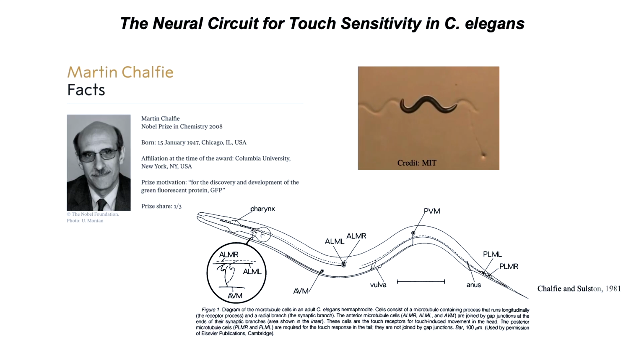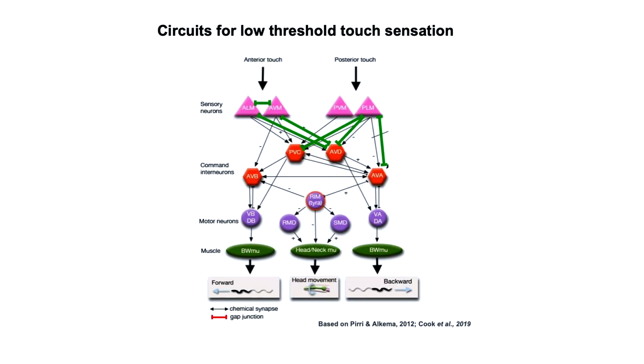But apart from that GFP contribution, he is the first one to give us an entire circuit to say how animals interact with the environment. So, this is the circuit that we know coming from Marty Chalfie's work and other people's work over the years.